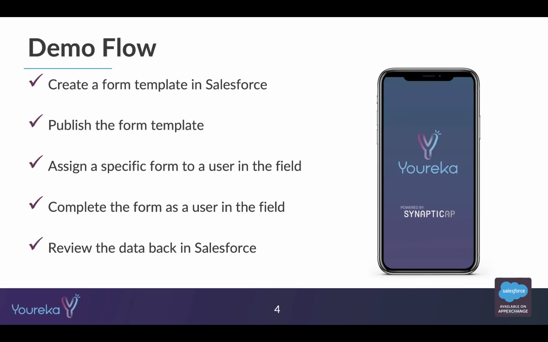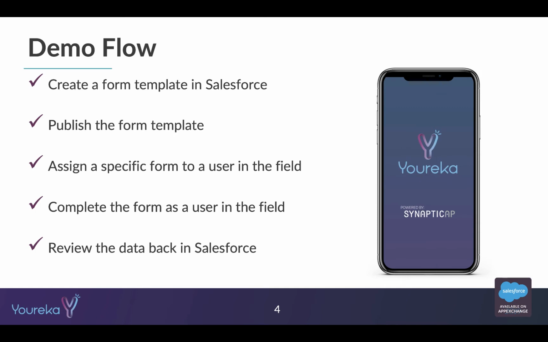I'm going to do 5 things for you today. I'm going to show you how we can create a form template right inside of Salesforce, and I'm really going to take my time and do it step by step, because the idea with Youreka Labs is that maybe you can be configuring right alongside this video to really help you understand how things work. So we'll build a form template together, then we're going to publish that form template, and when it's published, it's now going to be made available for our mobile users.